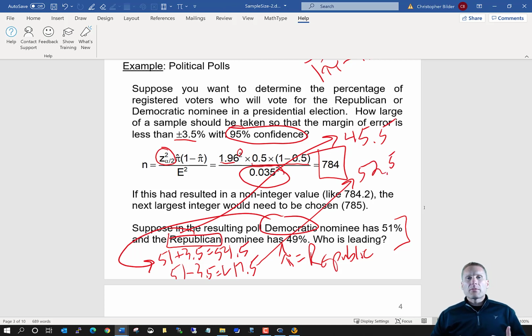So based upon this political poll, if the election was conducted today, who would win? That's what we're after here, so that we would know what pi, the proportion that will vote Republican, would be. In this particular case, because of this margin of error, we cannot say one particular candidate is beating the other. Right now, there is not sufficient evidence to say that one is leading the other.